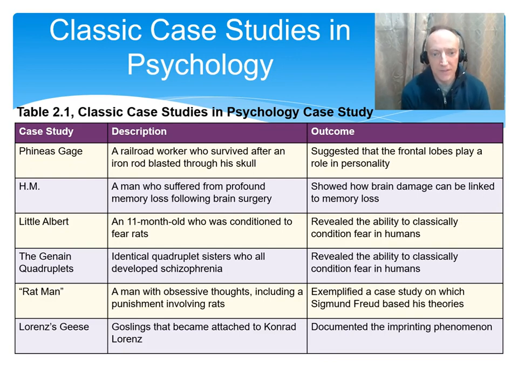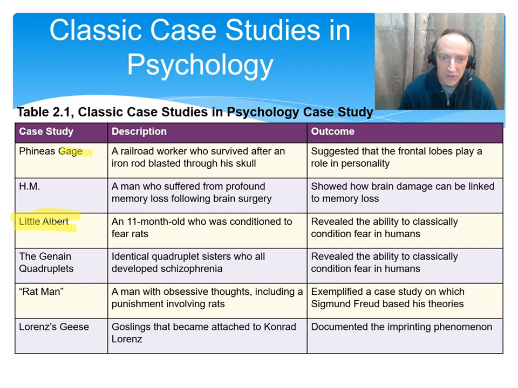You have this table in your textbook. It just gives you some of the famous case studies, many of which we're going to talk about this semester. So last chapter, when we were talking about the different perspectives of psychology, and we talked about the behavioral perspective, you were introduced to the case study of poor little Albert.